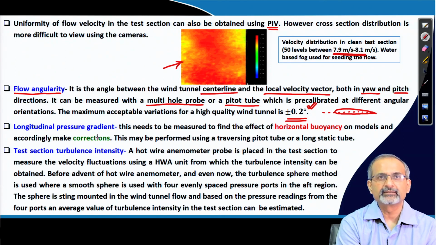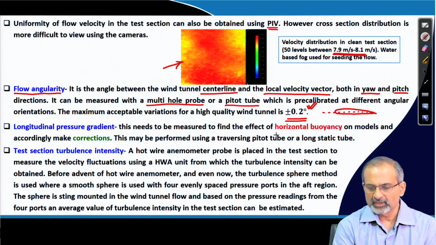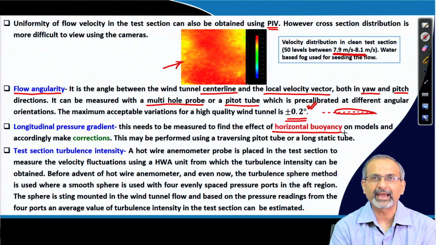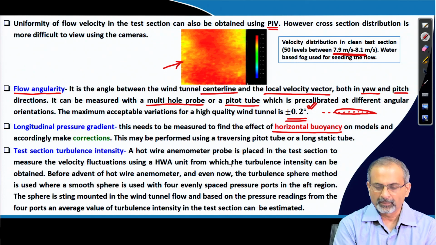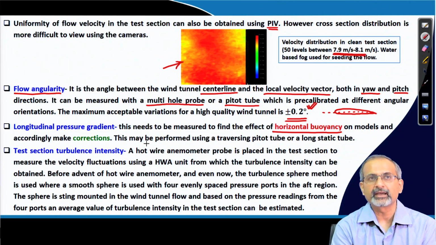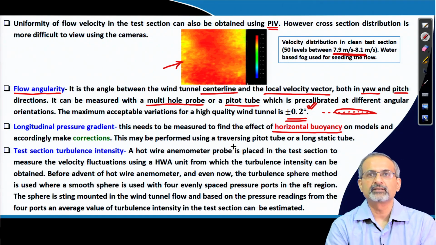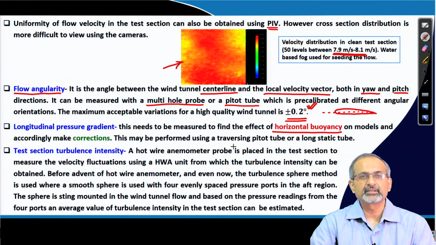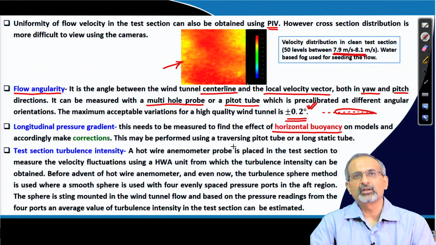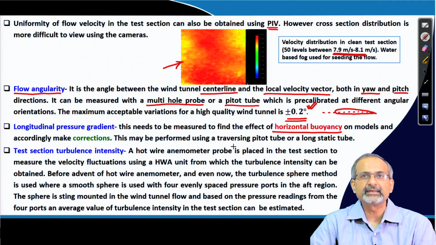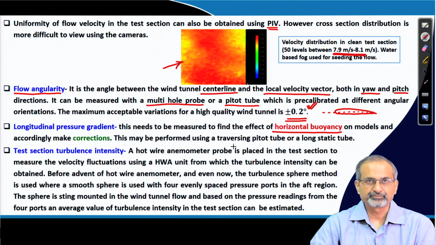Longitudinal pressure gradient. This needs to be measured in order to find out what is called horizontal buoyancy, which acts on the models if there is a pressure gradient along the flow direction. That means the front portion of the model, if it is a large enough model, may be facing a certain pressure, while the back portion of the model may be facing a lower pressure, and thereby there is an additional drag which is caused because of the pressure gradient which is there in the test section, which ideally should not be.